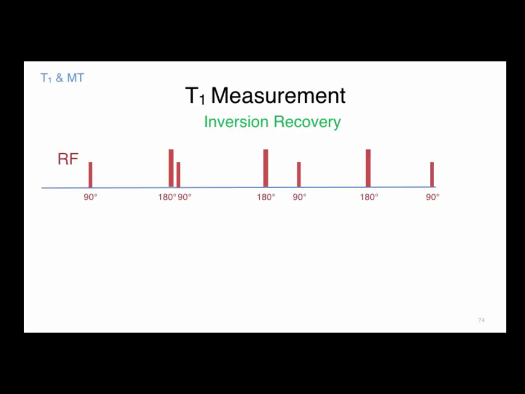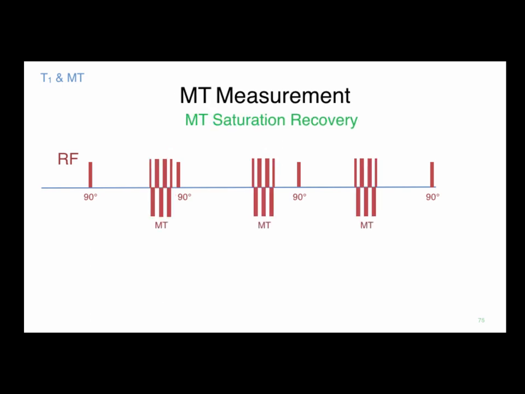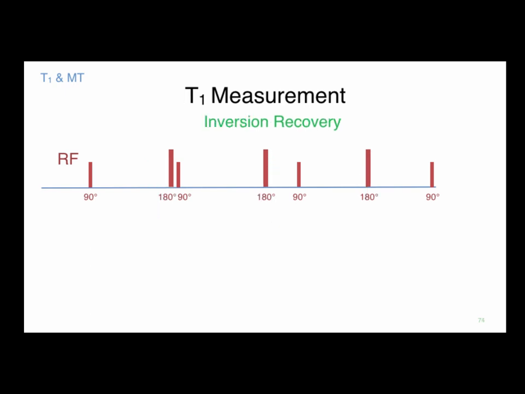The other way is more analogous to an inversion recovery experiment. Again, having a reference, and with an inversion we inverted the water. Now for an MT experiment we just saturate the macromolecular pool, and now we can do this at different time delays and effectively study this saturation recovery curve.